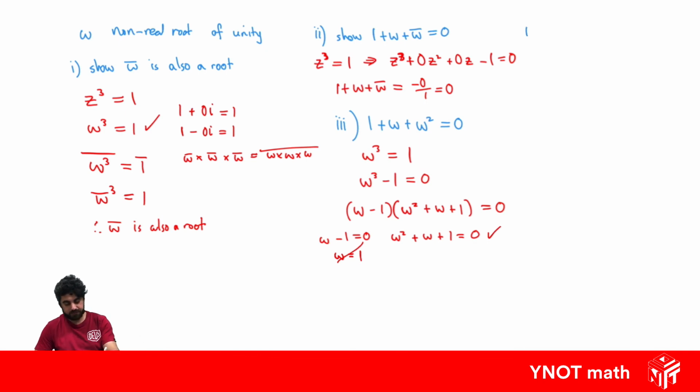Finally, let's show that 1 plus w squared, all cubed, multiplied by 2 plus 3w plus 3w squared, all equals 1. So we're going to use the parts that we've previously got. So we know w cubed equals 1.